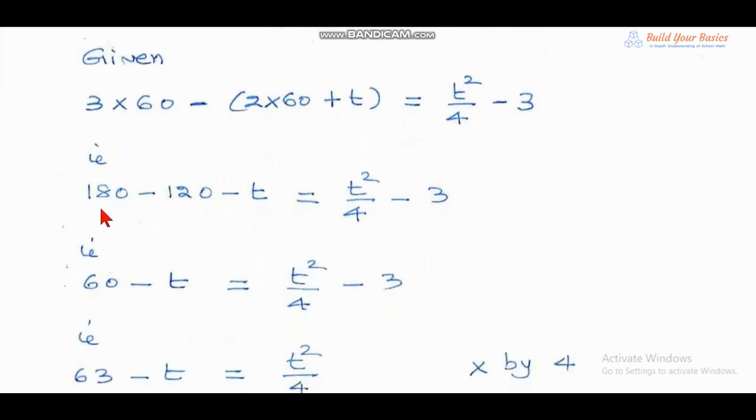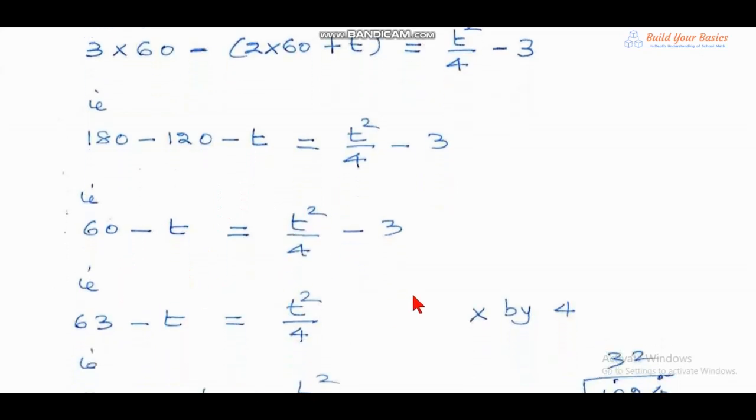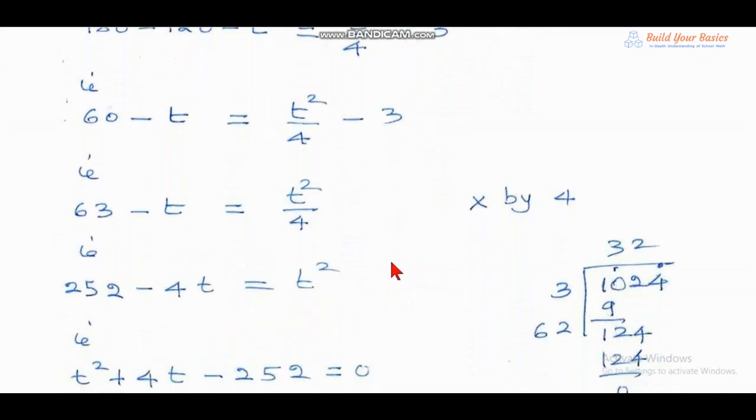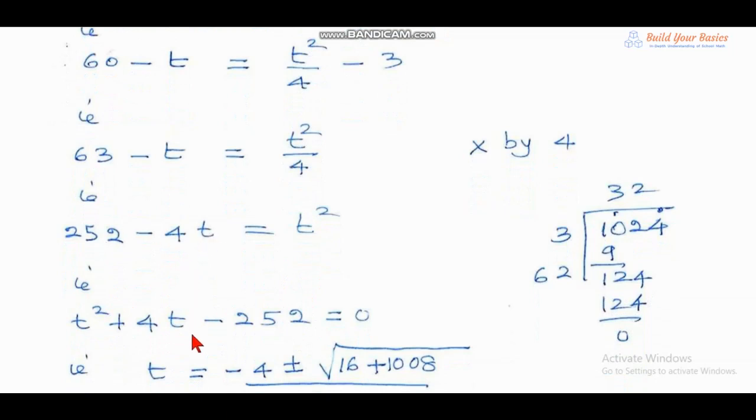That is 60 minus t equal to t squared by 4 minus 3. Minus 3 brought this side, plus 3. So 63 minus t equal to t squared by 4. Multiply throughout by 4: 252 minus 4t equal to t squared. Rearrange: t squared plus 4t minus 252 equal to 0.